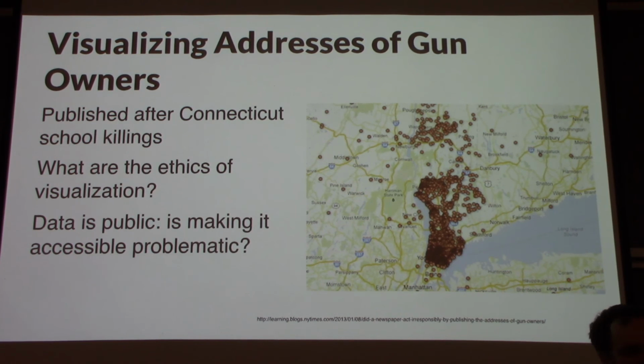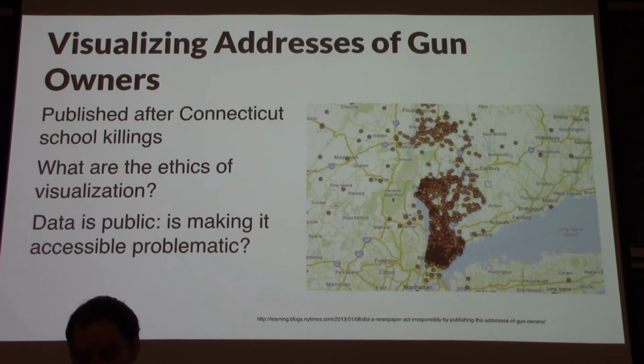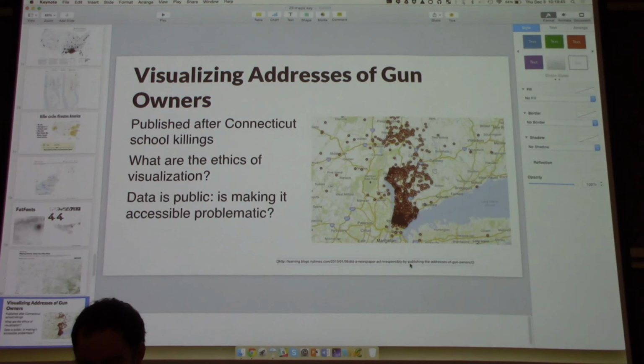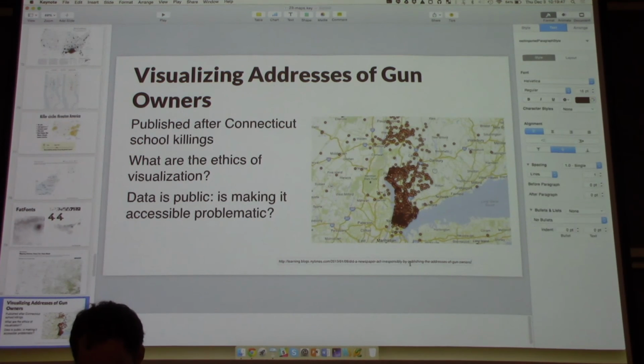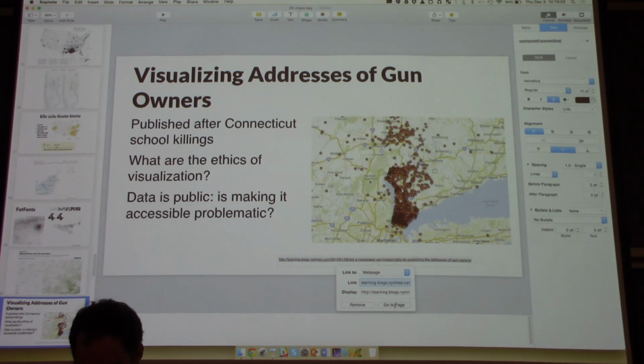It's the fact that they were able to get all that information so they could visualize it that was the problem. So it's really a difficult gray area of visualization, making it accessible, getting data that easily. This was a big controversy in 2013. Especially if you're one of the people in the middle of nowhere and you're the only dot, it's like, okay, you want to go harass someone, you can.